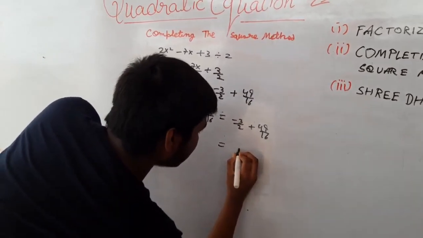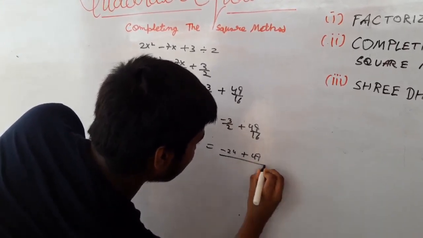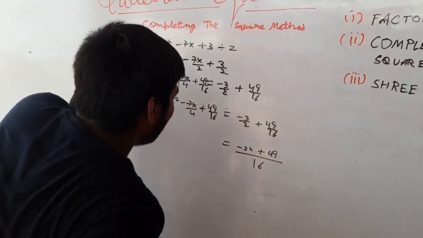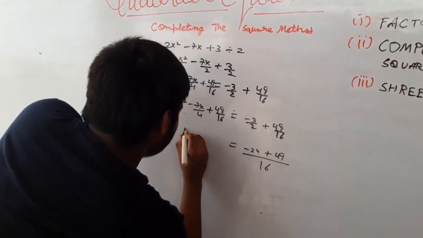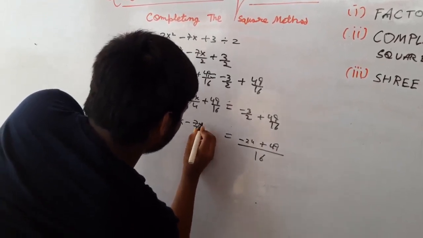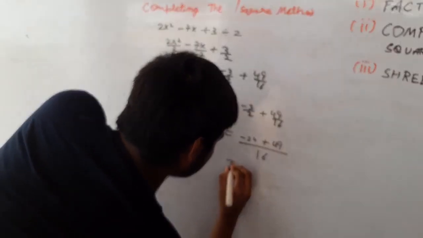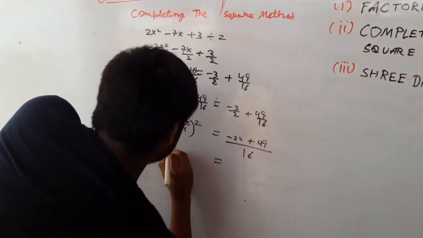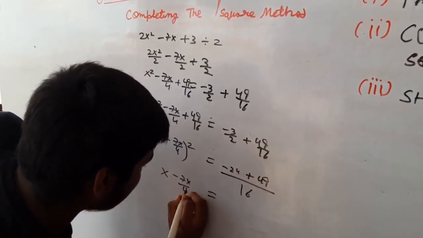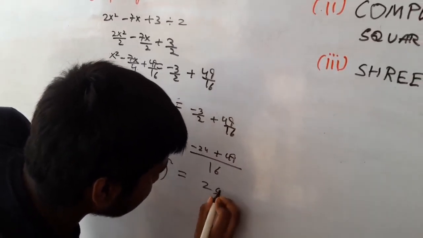So we'll get minus 24 plus 49 by whole 16. Then we'll just take the whole square. So (x minus 7x by 4) whole square equals 25 by 16.